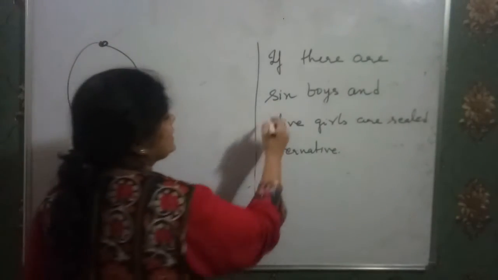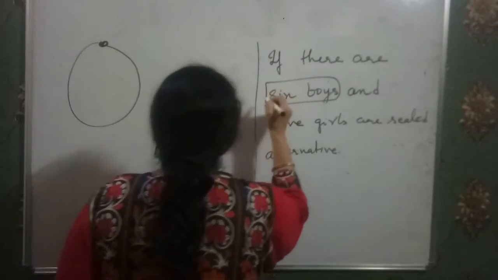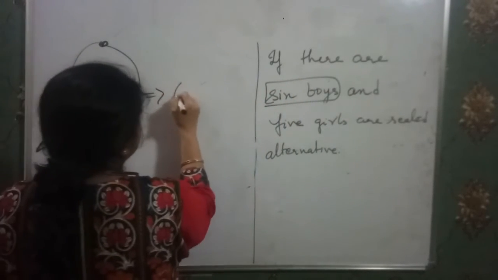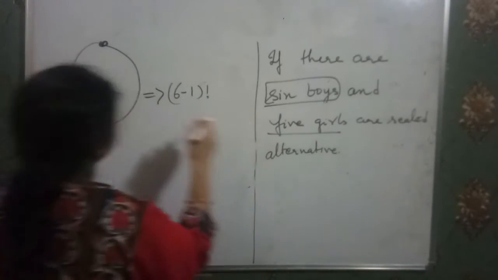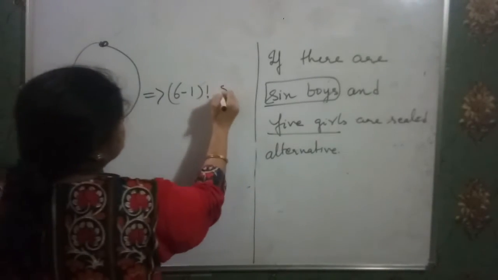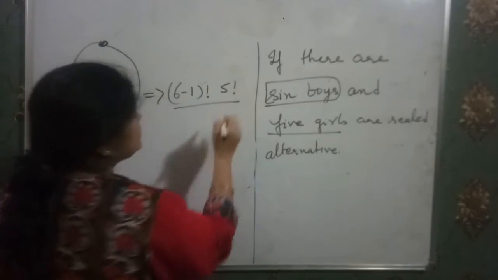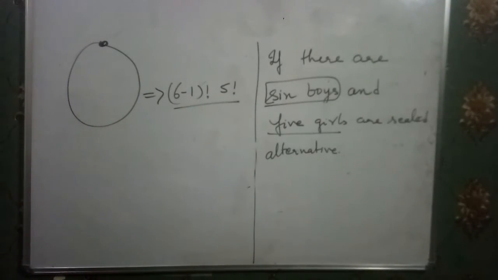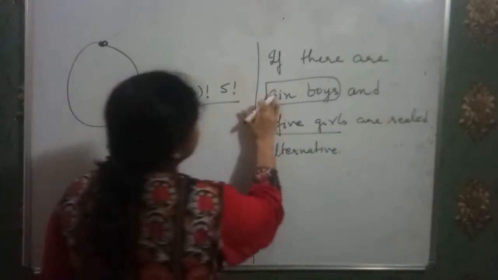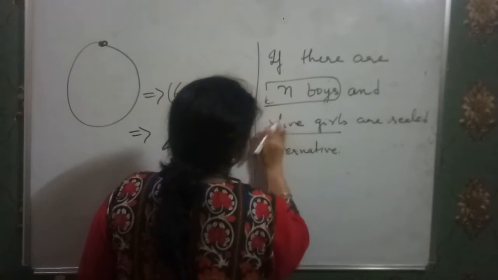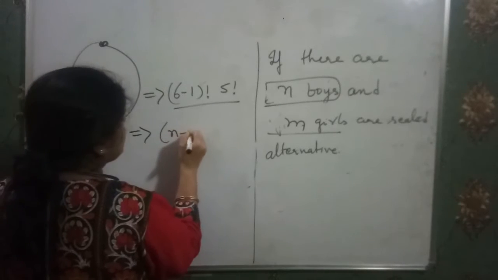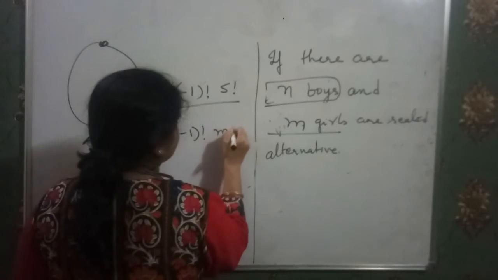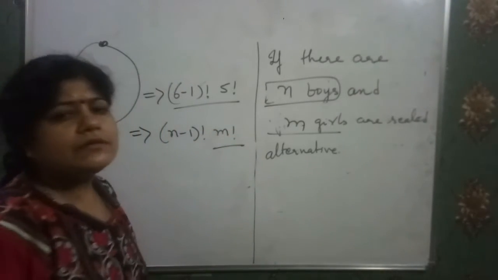That means I just make the one boy fixed, so it becomes 6 minus 1 factorial. And the 5 girls are seated alternatively. That means we have factorial 5. So this is our answer. That means our answer is, for example, we have n boys and n girls. So we have n minus 1 factorial and n factorial. Clear?